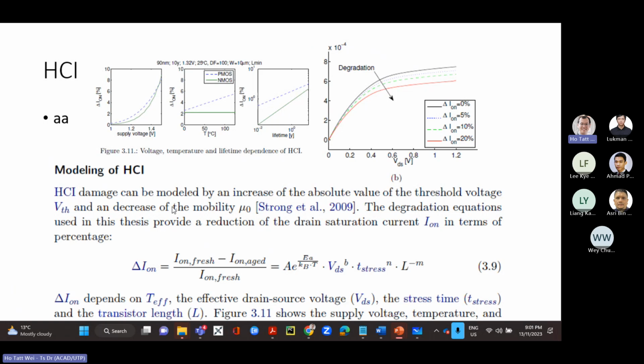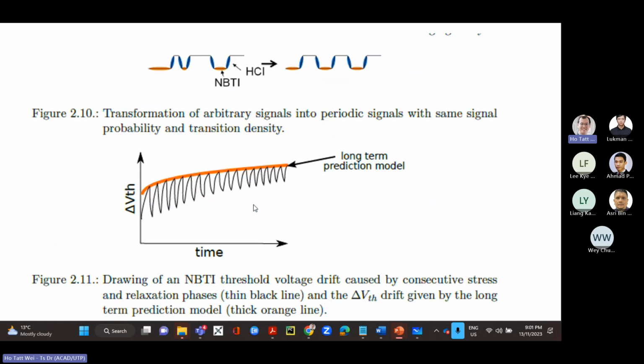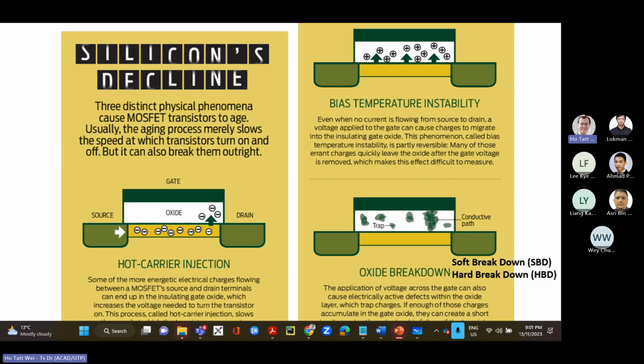It's actually changing the mobility mu of the transistor. Why? Because again, the charges are being trapped here. When the charges are trapped here, when you apply a voltage here, there's less electric field that can actually pull the charges up.